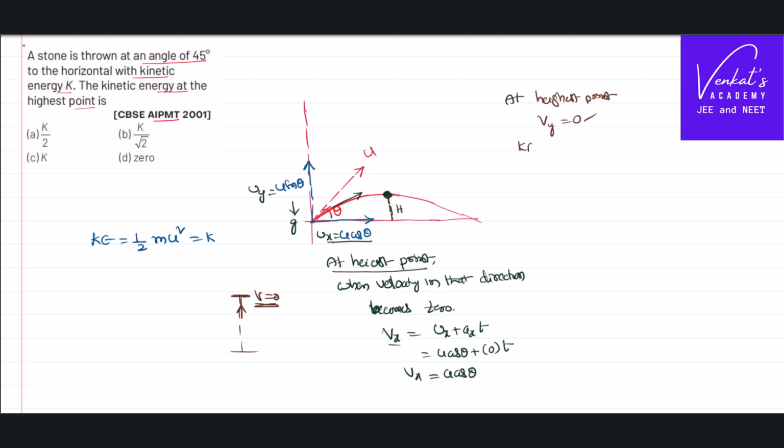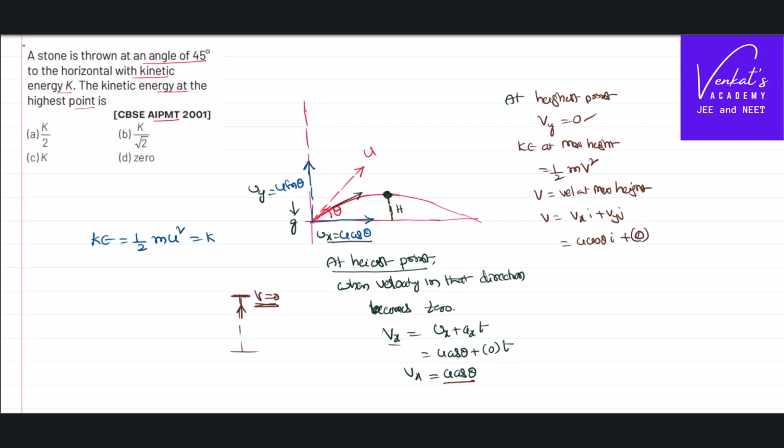So kinetic energy at maximum height is half m v square, where v is the velocity at maximum height. What is the velocity at maximum height? V can be written as Vx i cap plus Vy j cap. Vx is u cos theta i cap, as we have proved.